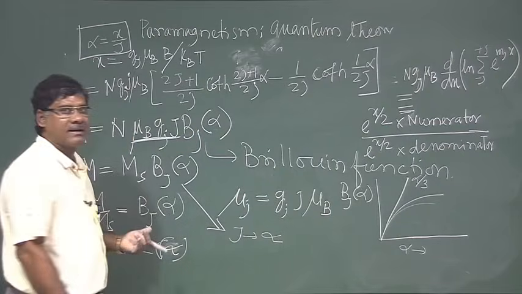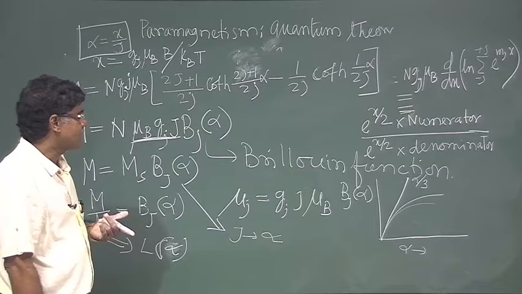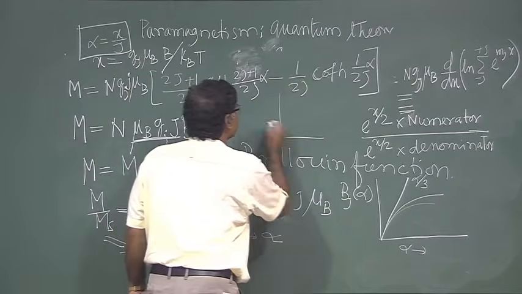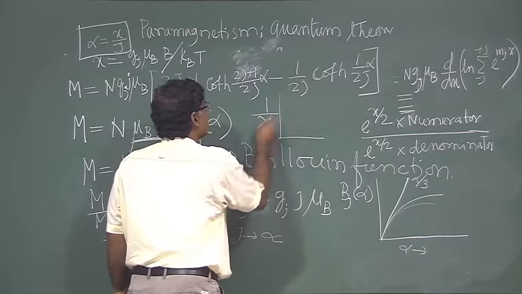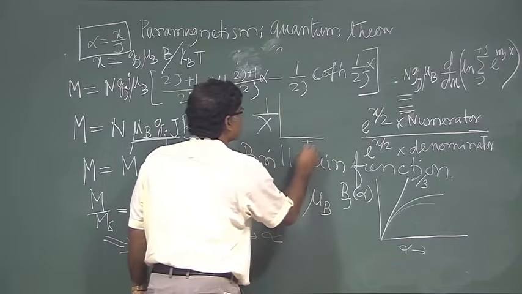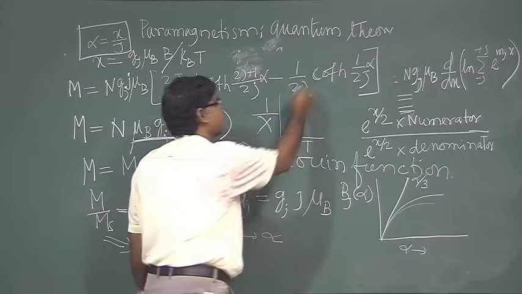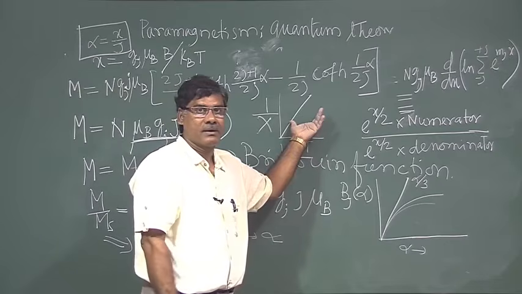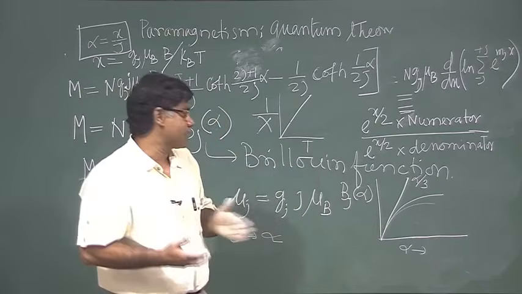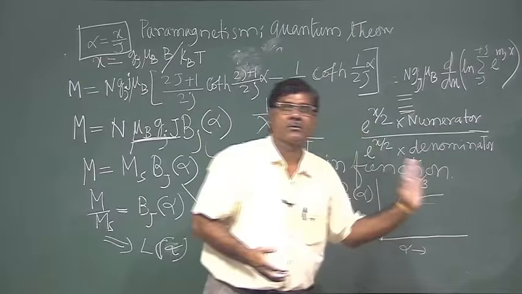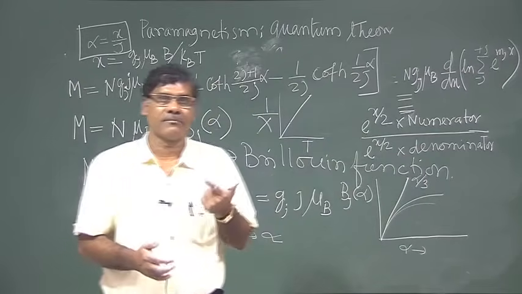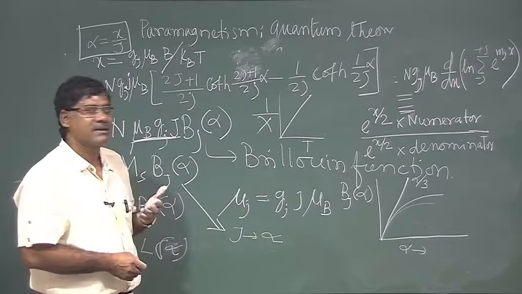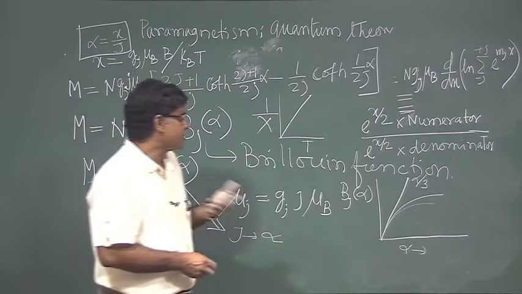In terms of chi, if I plot 1 by chi as a function of temperature, you will see it is a straight line. So, in the paramagnetic case, this is for higher temperature. At lower temperature, we are not much interested, as I told, because it goes toward the saturation. That is why we are always considering higher temperature and lower field.